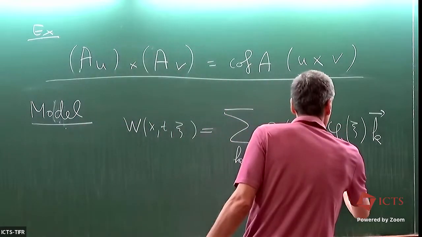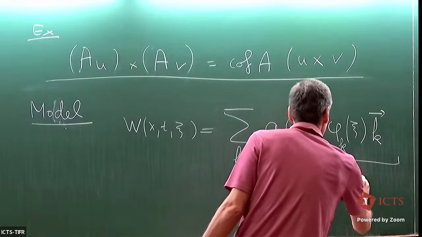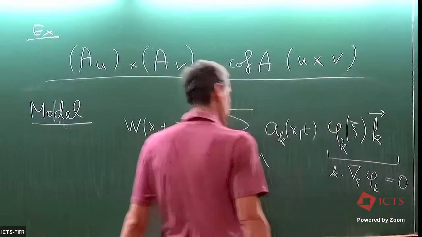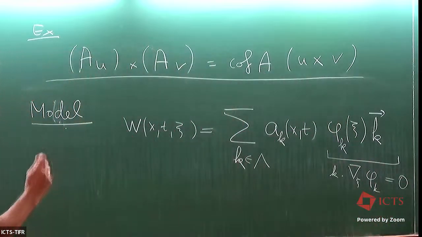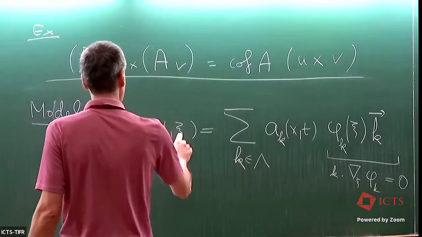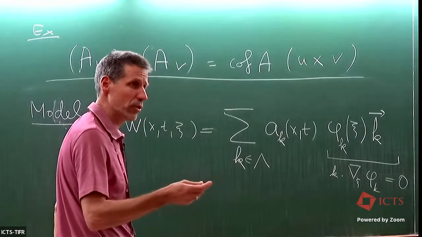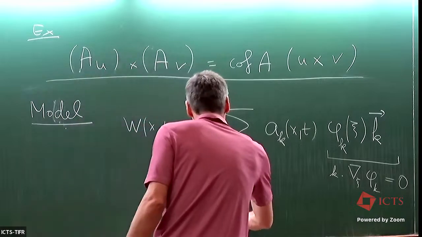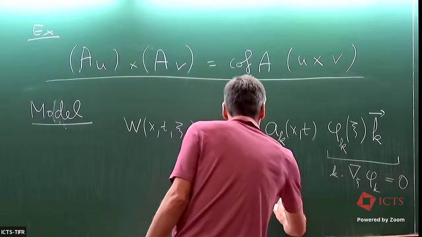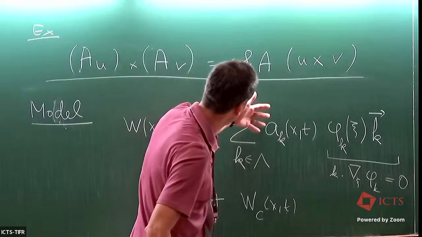Divergence freeness in the fast variable means that we have this condition. But then I also want the W, when I put W of x, t, lambda x, to be divergence free, and that requires a corrector. So there is usually a small additional term, W corrector, of x, t, which is small in size compared to this term.